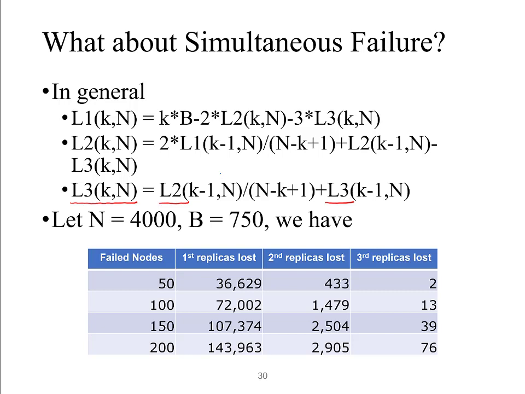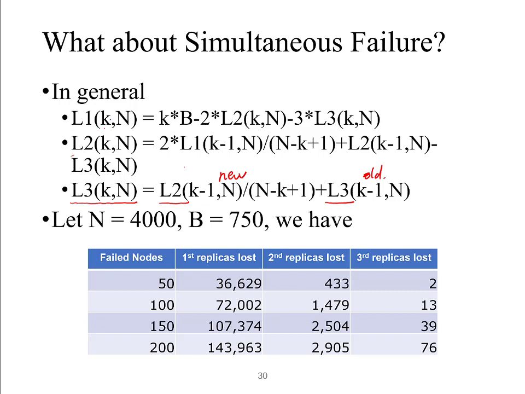So again, this part is new, and this part is old. You just remember to add the old one. For L2, we have explained this before, so we don't do it again. And for L1 as well.